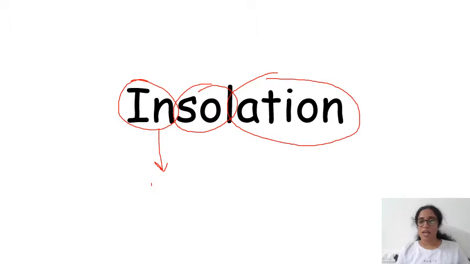So the acronym of incoming solar radiation is nothing but insolation. This is the sun's energy, the sun's heat or sunlight, received on the earth's surface.